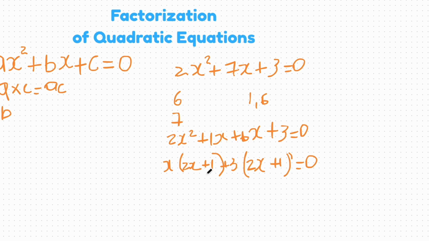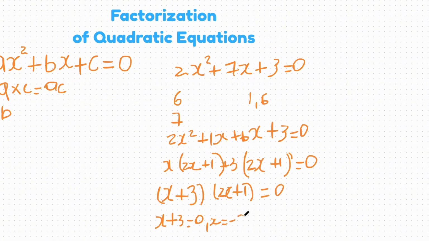Now we can just rewrite this equation because this is the same as x plus 3 times 2x plus 1 is equal to 0. X plus 3 is equal to 0. When we transpose or we bring over our 3, x becomes what? X is equal to negative 3.